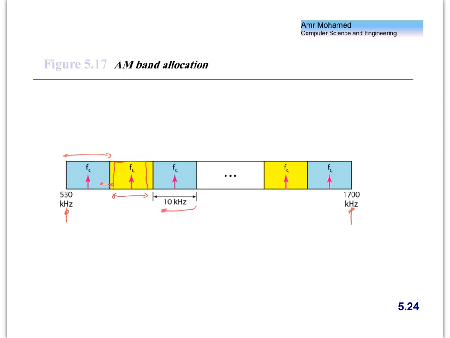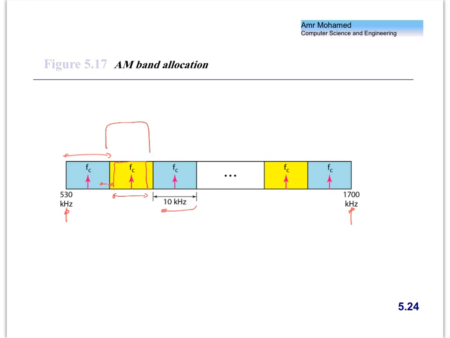Why? Because when we tune, we use a filter, right? When you tune, we change the middle frequency of the filter. When you change the radio channel, what you are essentially doing is moving the filter's middle frequency. But this filter is never an ideal filter like this.